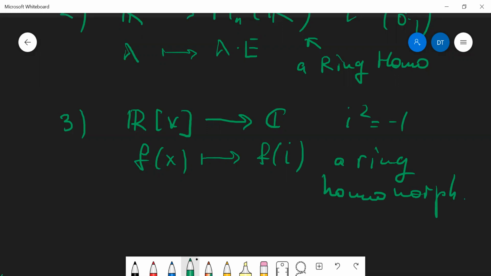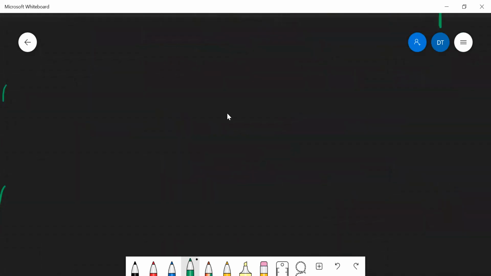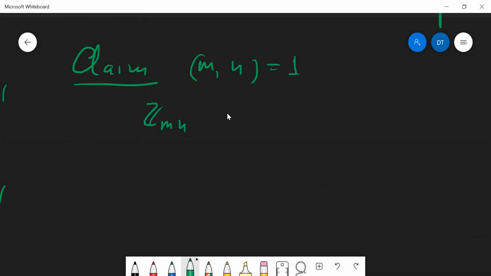Okay, now another example. Let me formulate the next example as a claim. This is another take on the Chinese remainder theorem. If we are given two integers m and n, and they are coprime, then we have this map from Zmn to the direct product Zm times Zn, with addition and multiplication as coordinate-wise operations.